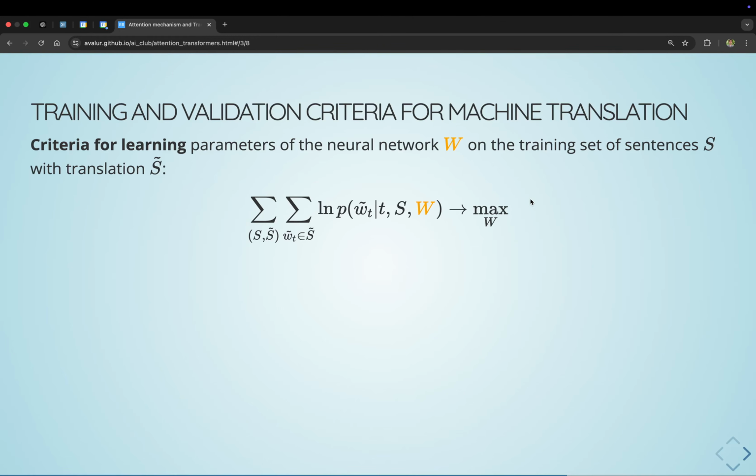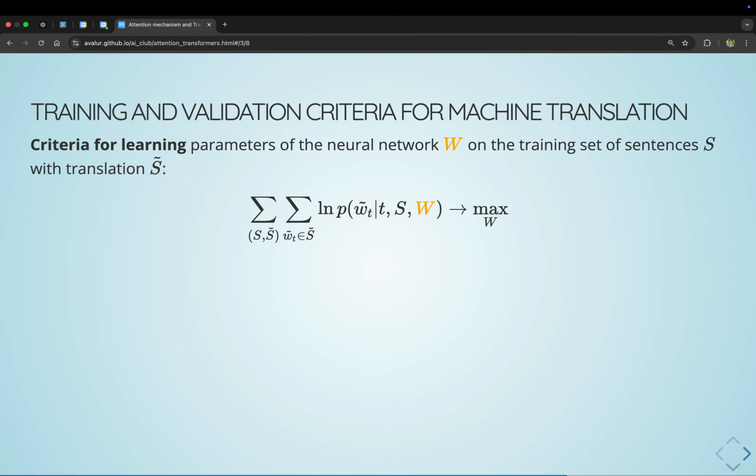We want to predict the next token, and we have the vocabulary of all the classes. So we want to make the probability of the ground truth label the highest.